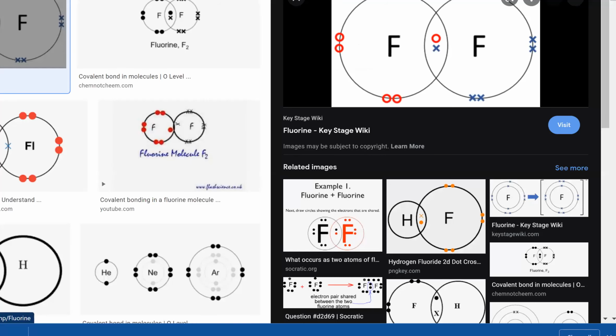So this is how you're going to describe this. If they're not asking for the reason, smaller atoms always make stronger bonds. If they ask you for the reasoning, there are a couple of factors.